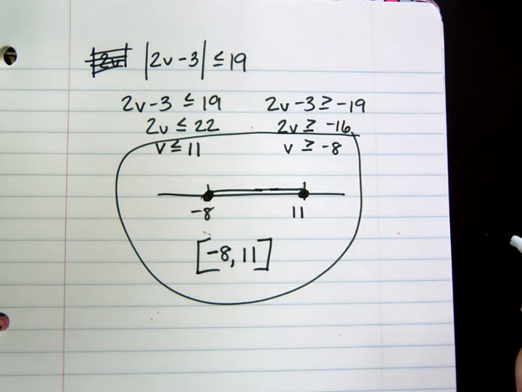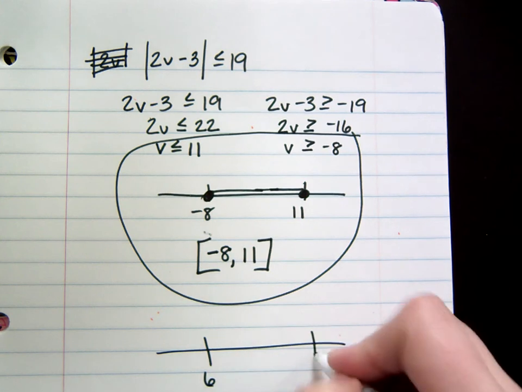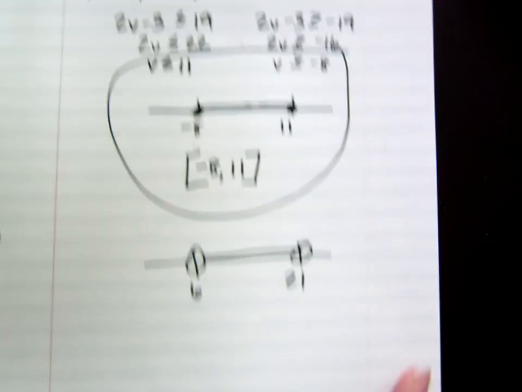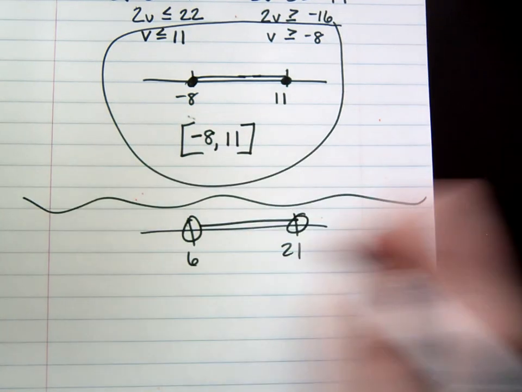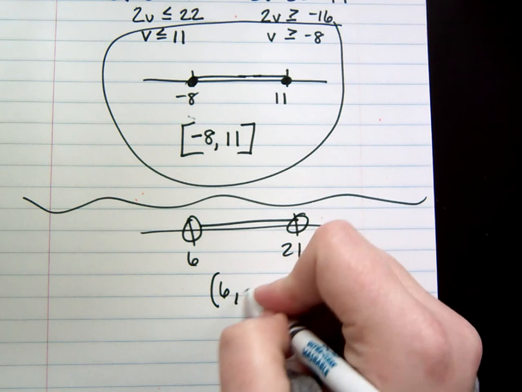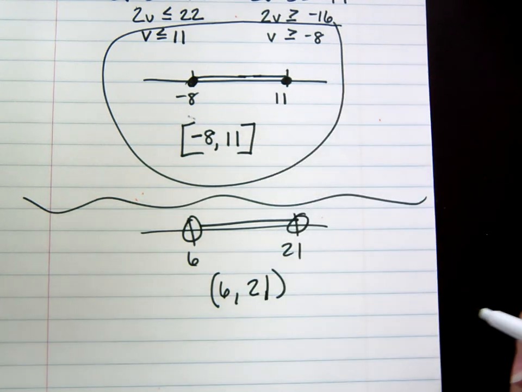If they were open dots, let me just give you another quick example. So 6 and 21. Let's say you had an answer where the number line ended up being this. Interval notation would just be 6, 21, but with parentheses around it instead of brackets. Okay.